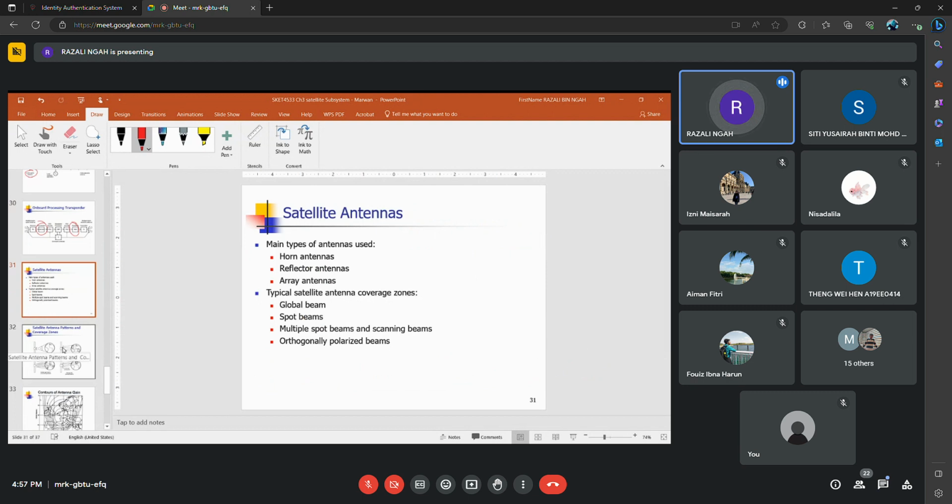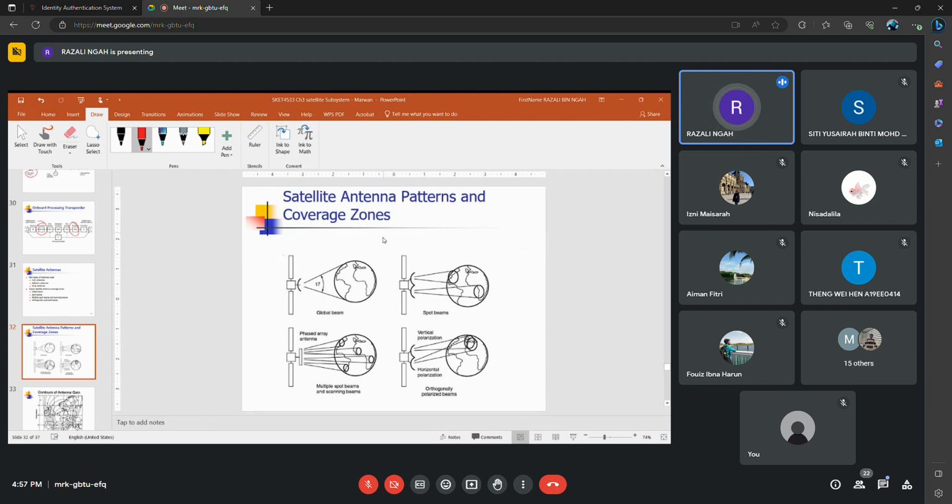For the satellite antenna, we have several types: global beam, spot beam, multi-beam, and orthogonally polarized beam. That means the same zone, same area, but two different polarizations.